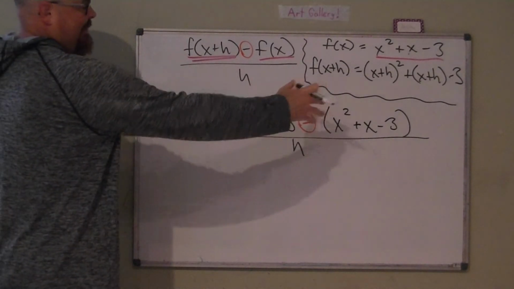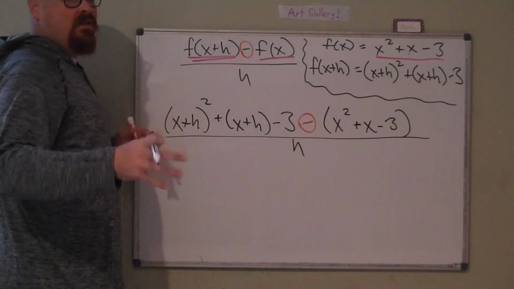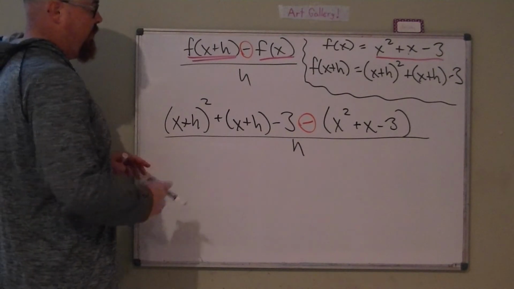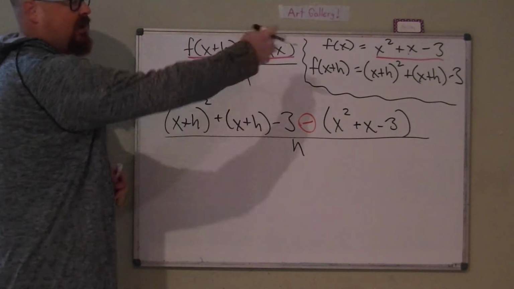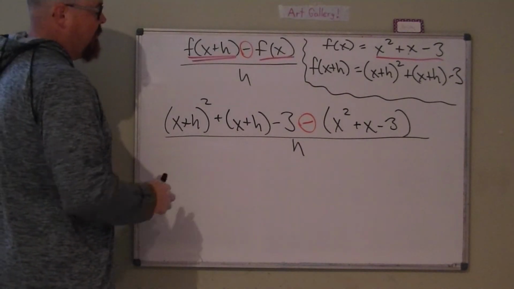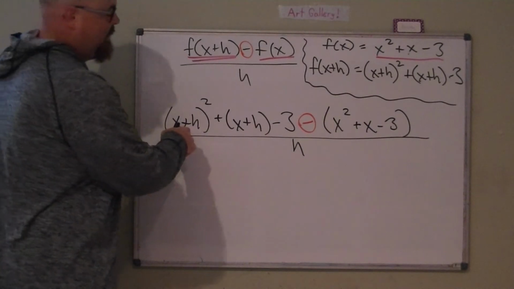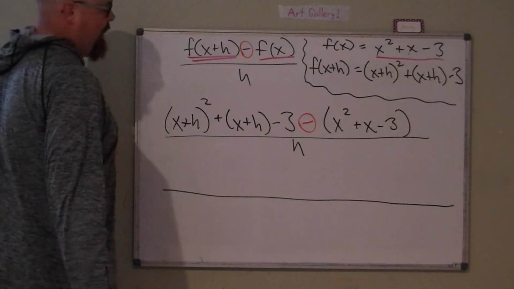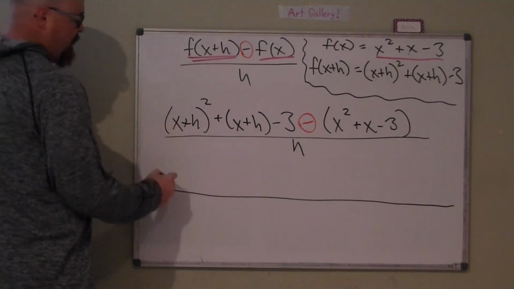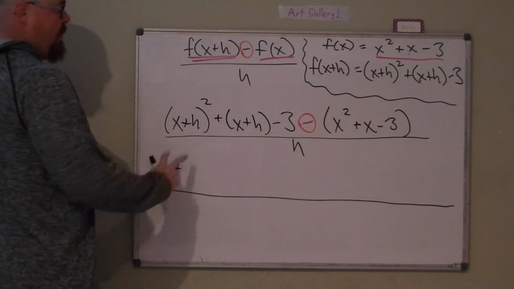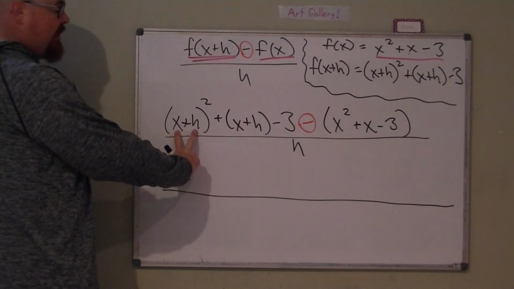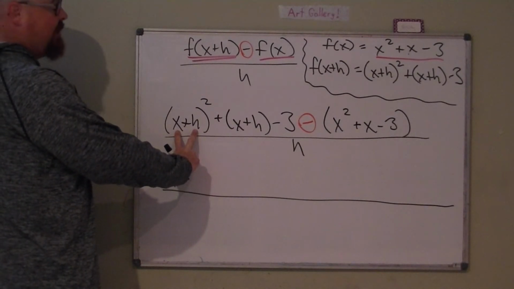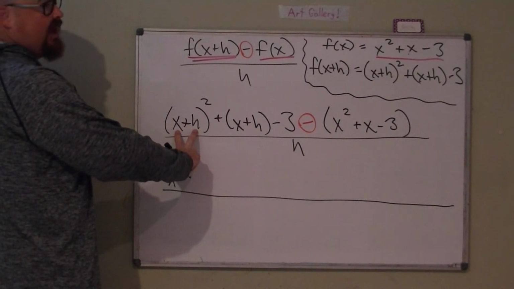After I write this out, I'm going to expand the entire thing. Now, because I'm going to run out of room here, I'm going to write this line down, then I'm going to have to erase some of this and go back, okay? But when I have x plus h squared, we talked about there's a way to expand that. There's a shortcut. We square the first term. We multiply these two terms together, no matter what they are. We multiply them together and double it. So x times h is xh.